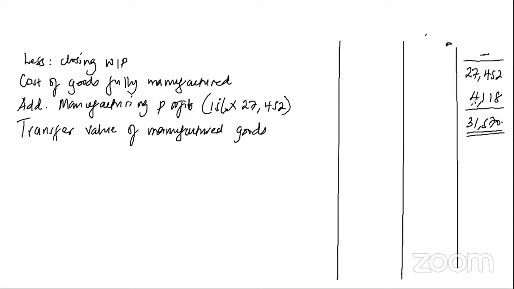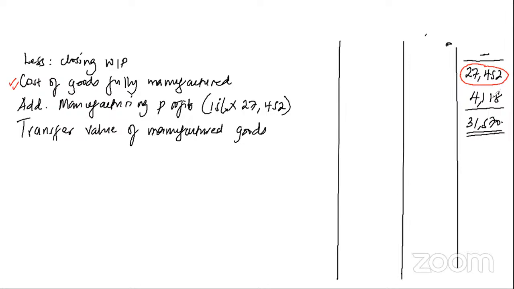As I told you at the start, this account is always prepared to find the cost of the goods manufactured. And in this case, the cost of goods manufactured is 27,452. So that's one of the purposes of preparing this account. And sometimes this account is also prepared to calculate any profit on manufacturing.